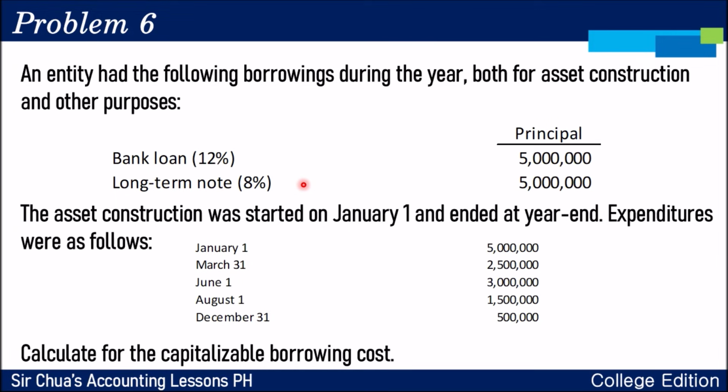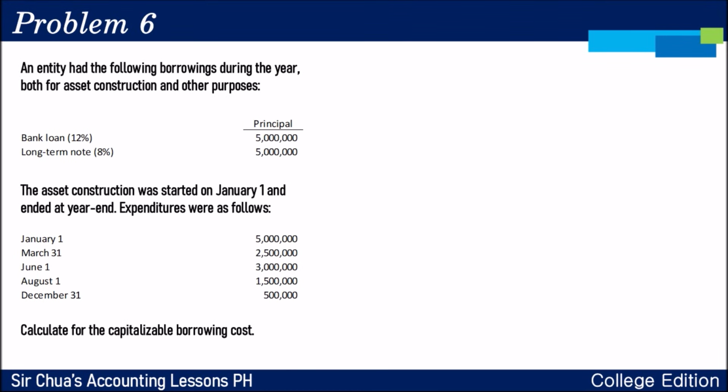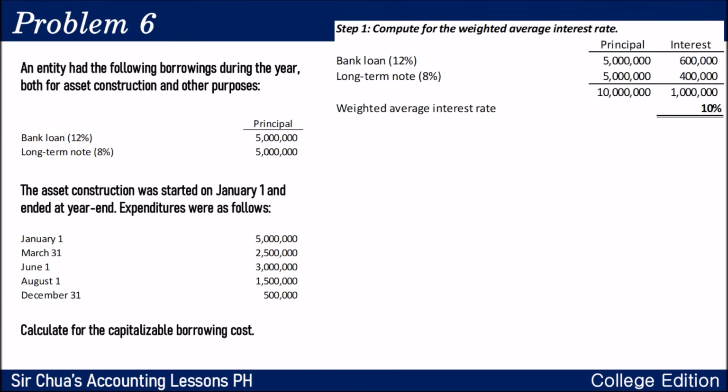Tapos, nung nagko-construct daw po yung asset, ito po yung mga nagagastos natin. How do we compute for the capitalizable borrowing cost kung sakaling general borrowing naman? Our first step is to compute for the weighted average interest rate. Okay. So, kung maaalala nyo, yung hiniram natin sa bank loan is 5 million na meron 12% interest. So, just simply multiply that. The interest is 600,000.